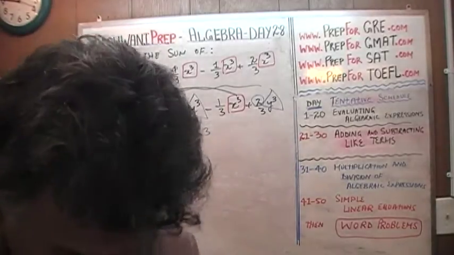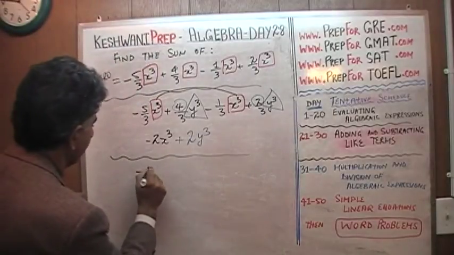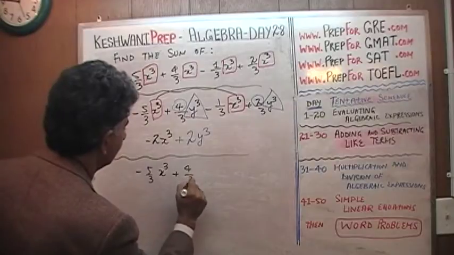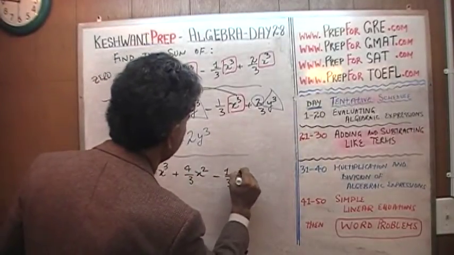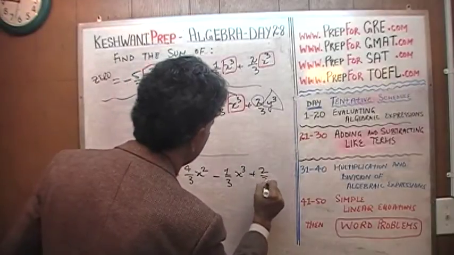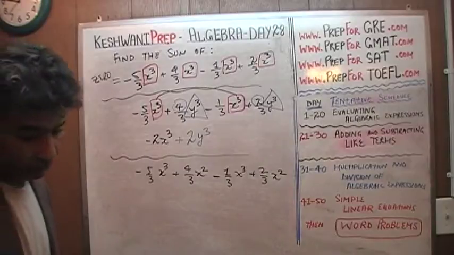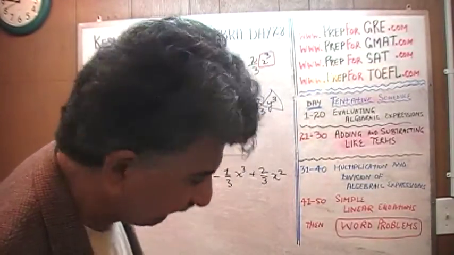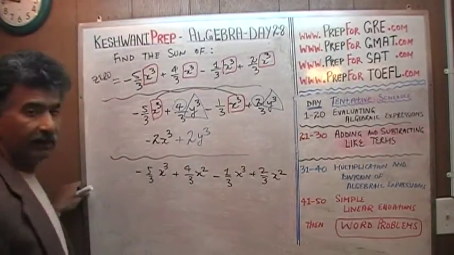Let's do one more. Minus 1/3 x cubed plus 4/3 x squared minus 1/3 x cubed plus 2/3 x squared. What's going to be the answer here? Again, they are no longer like terms, not because we have different variables. We have the same variable, x is everywhere. But they are different exponents.